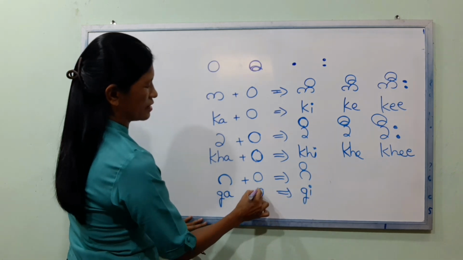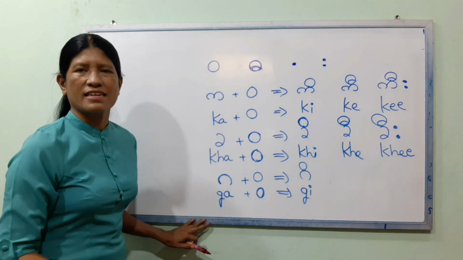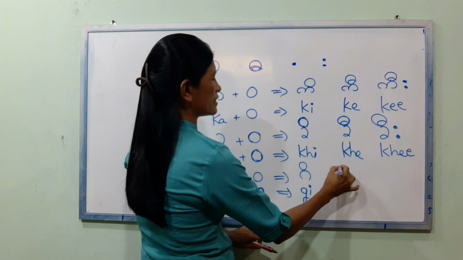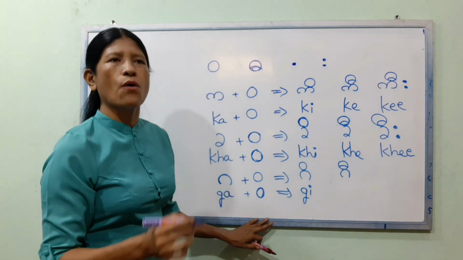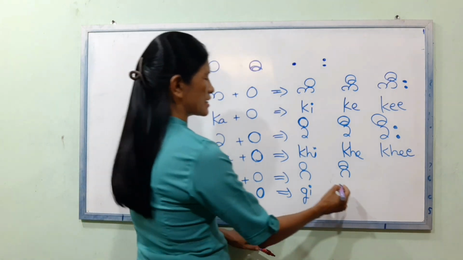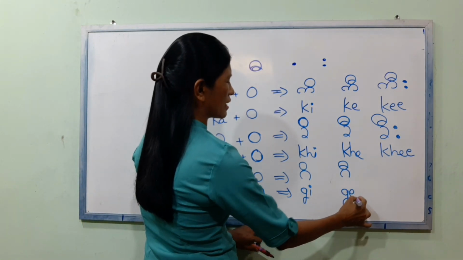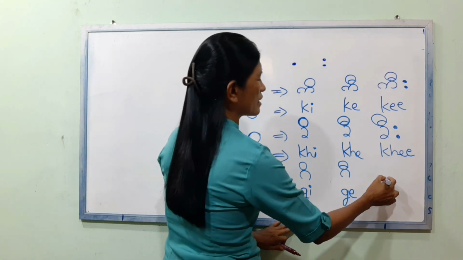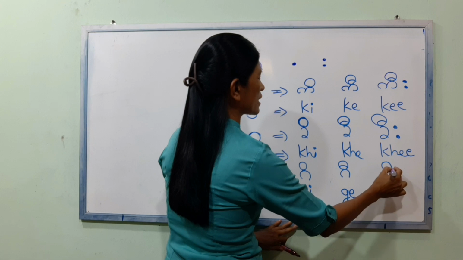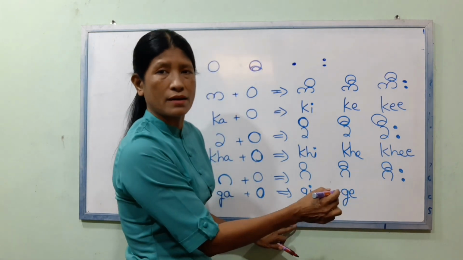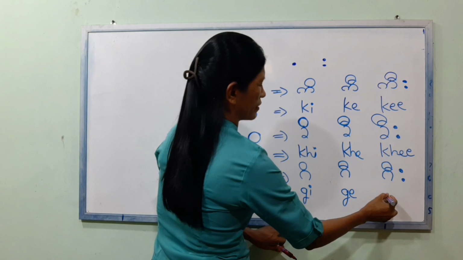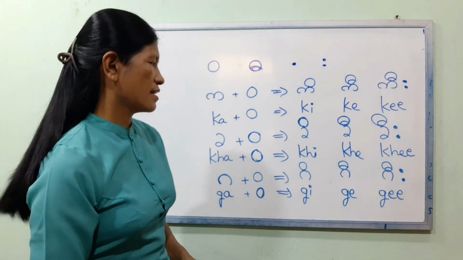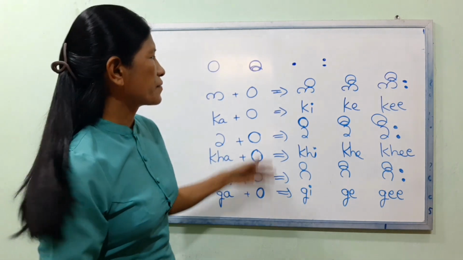Gi. Ga, low kneading sankat, wisapa. Gi. Let's write it.